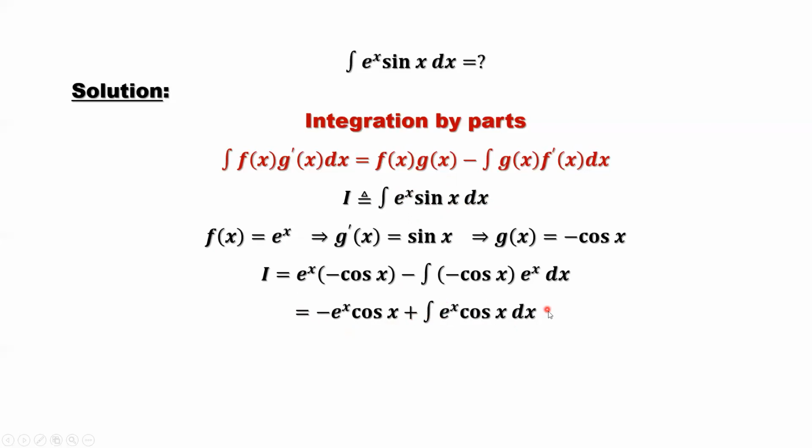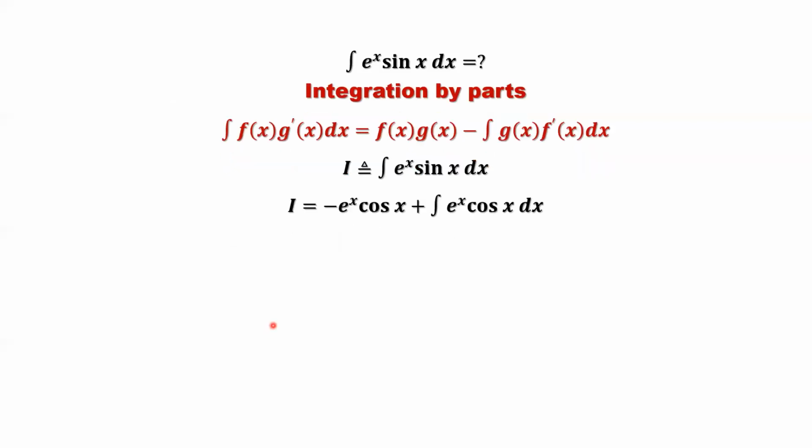We have this term that looks similar to the original question. Just change sine x to cosine x. We have an extra term here outside. It looks like we made the original problem more complicated. What should we do? Looks like nowhere to go.